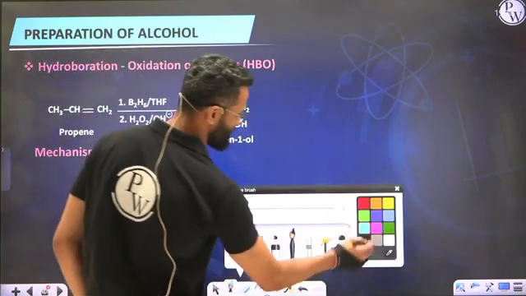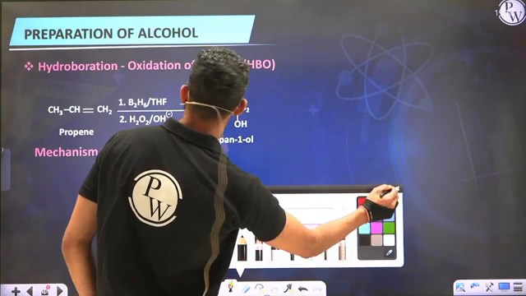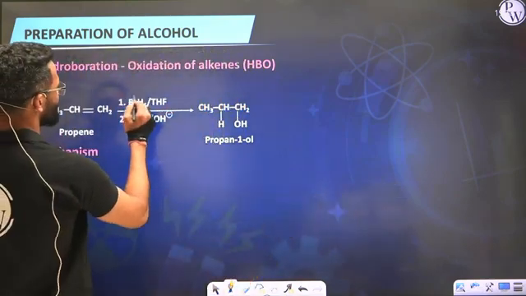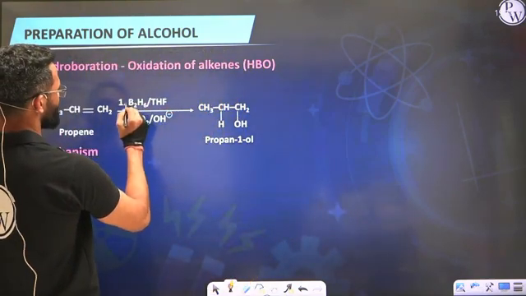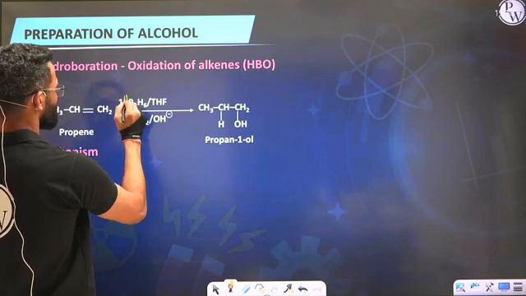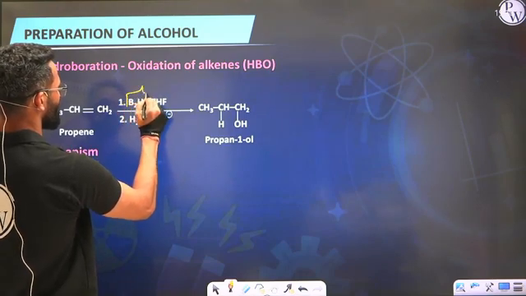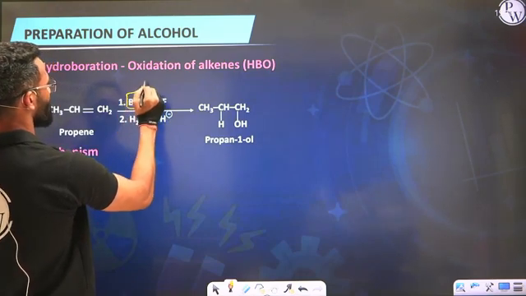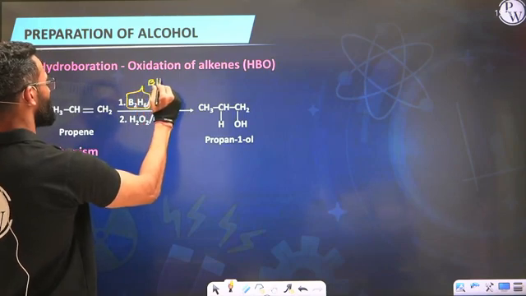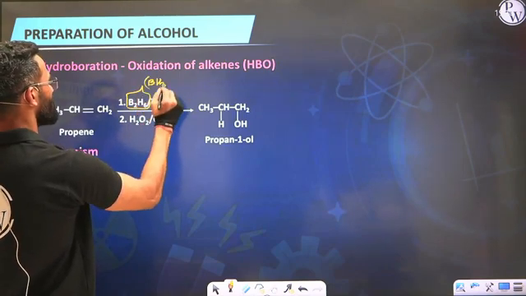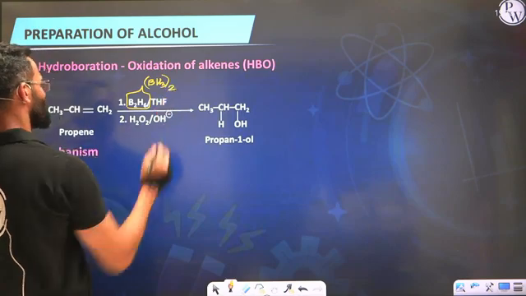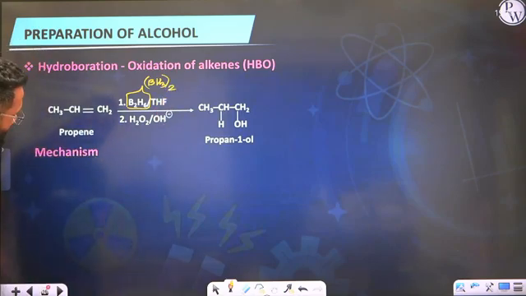Well, guys, understand one thing. This B2H6 exists in a dimeric form, that is BH3 twice, a dimer of borane, so you call it diborane.